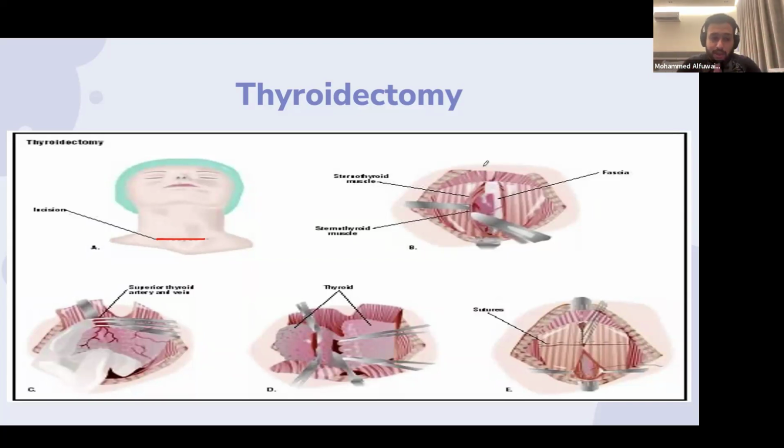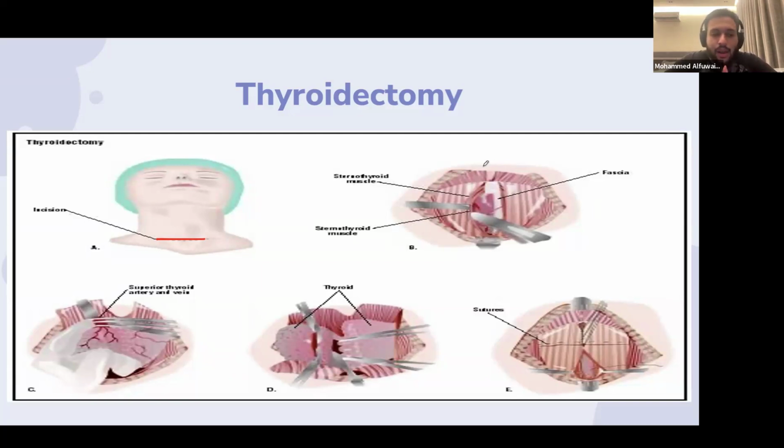The most important thing for you to remember about this is two things. Number one is when you're ligating the inferior thyroid artery and the superior thyroid artery, there is an important nerve around this area, especially around the superior thyroid artery.